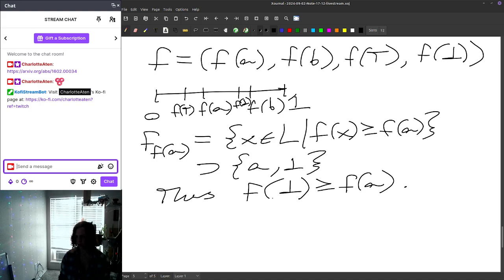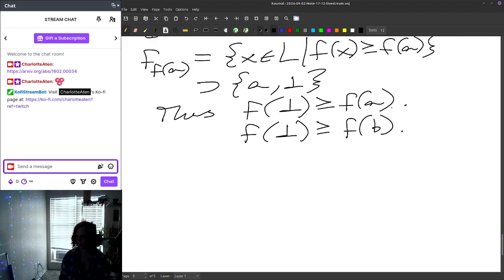Okay. So similarly, by basically the exact same reasoning, we'd also require that f of the bottom element is greater than or equal to f of b, for instance.